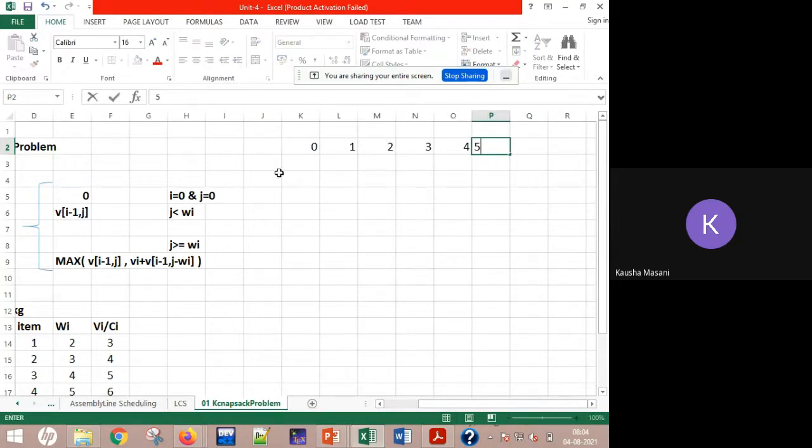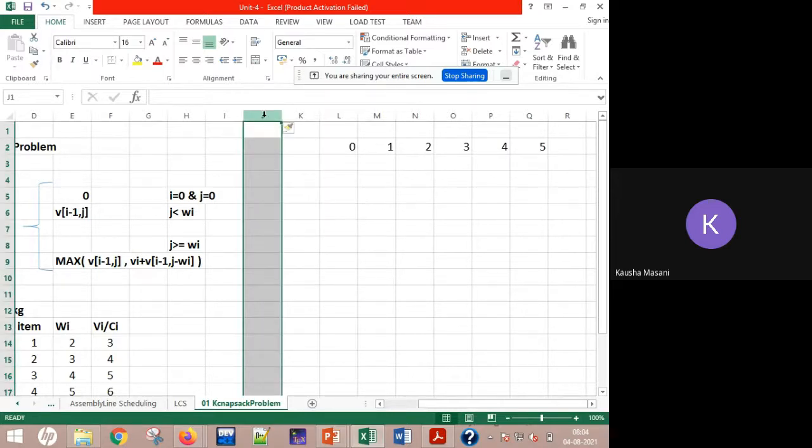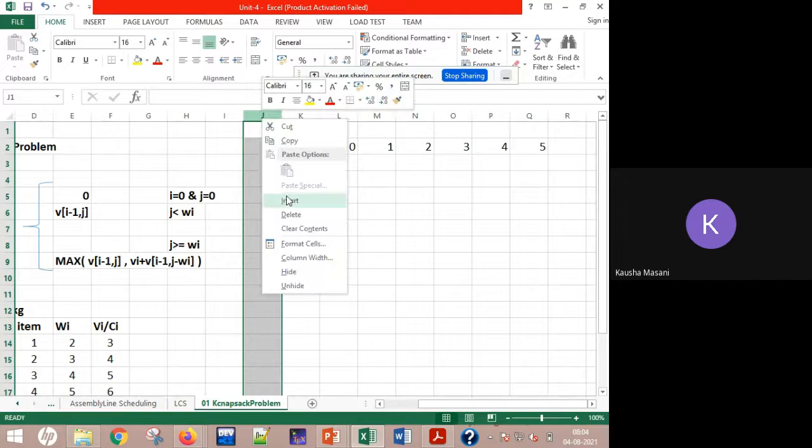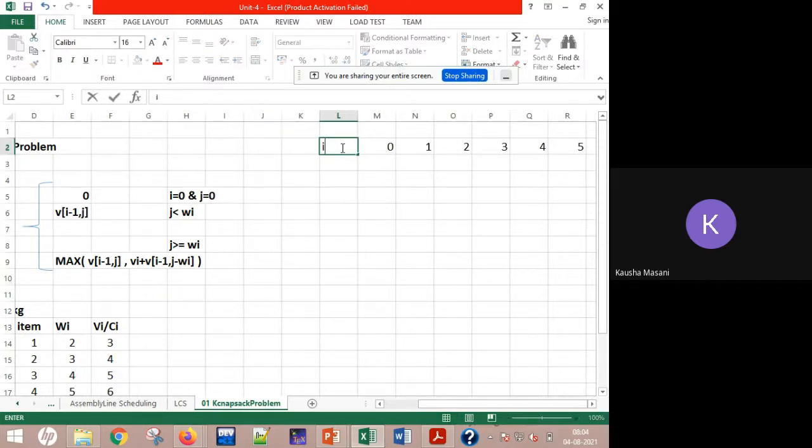On this side we are going to first enter our small i values, starting from 0, 1, 2, 3, and 4, my items.